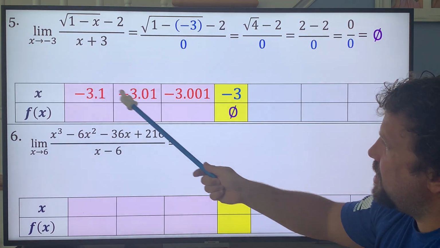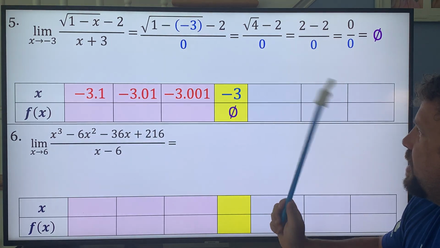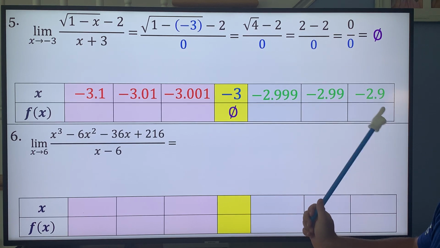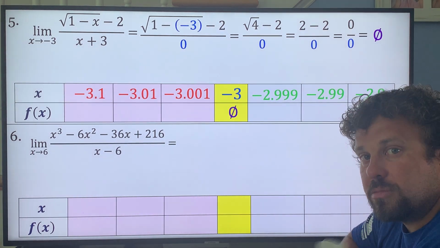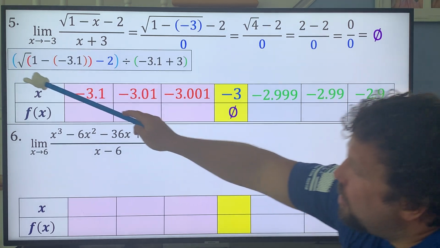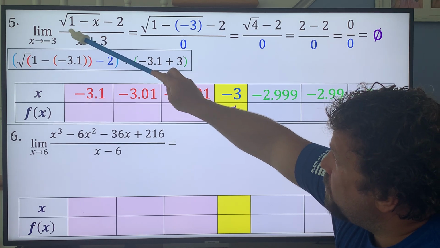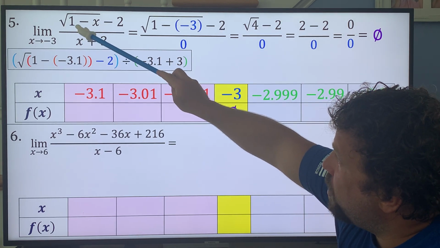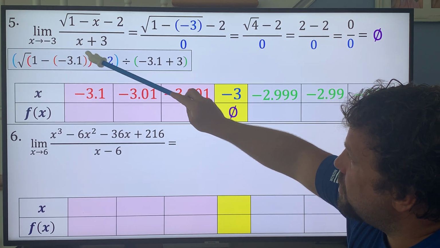Negative 3 and a thousandth, a hundredth, a tenth. Negative 2.999, negative 2.99, and negative 2.9. When you type these into the calculator, try it, see if you get it right. Open parentheses for the numerator, right? Radical, open parentheses, 1 minus, open parentheses, negative 3.1, close parentheses.